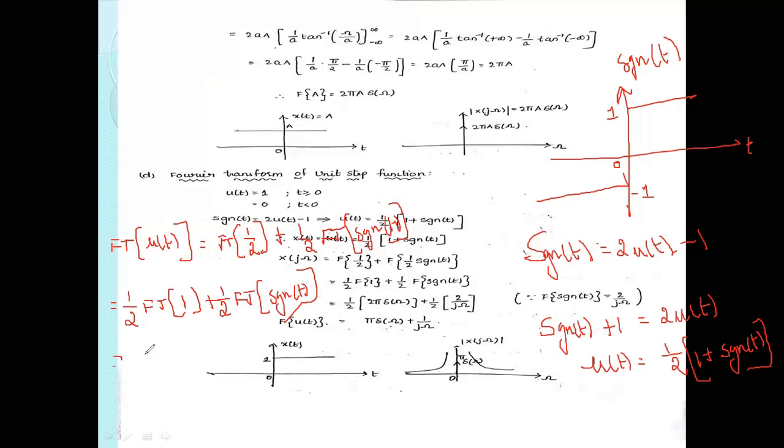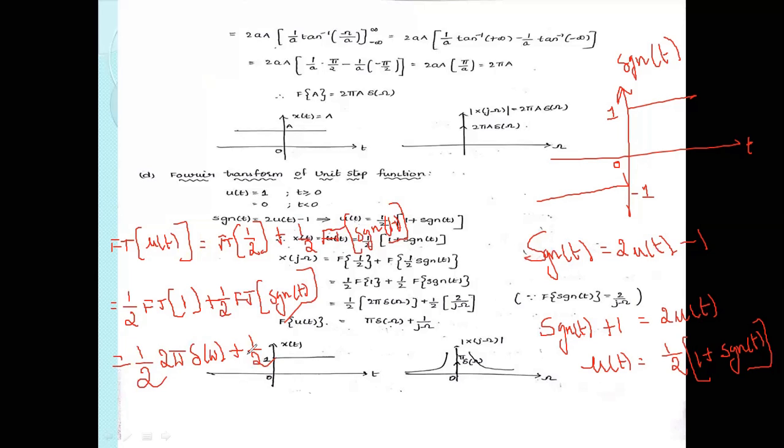So what is the Fourier transformation of 1? We got 1 by 2 into 2 pi into delta of omega, plus 1 by 2 into the transformation of signum of t.